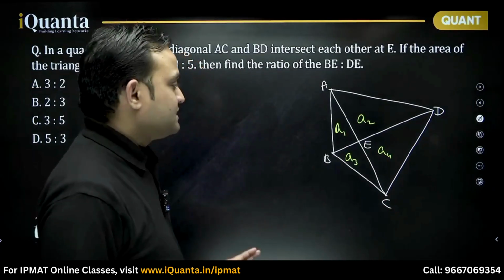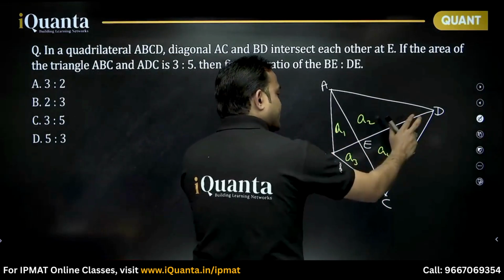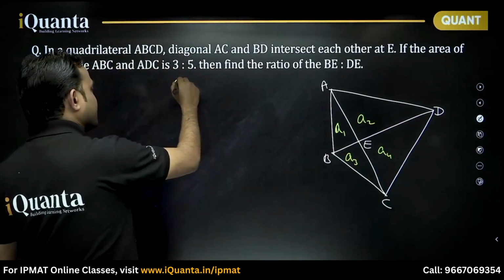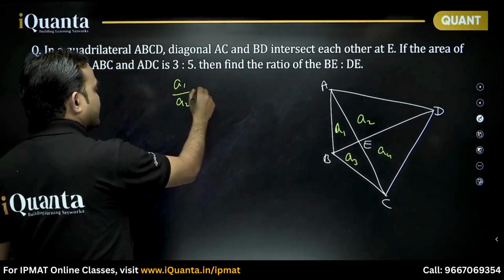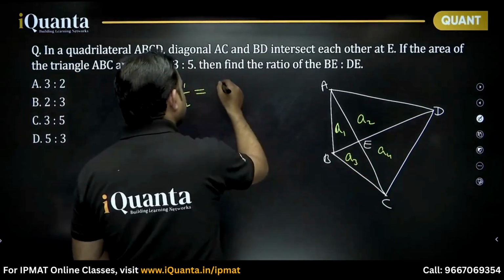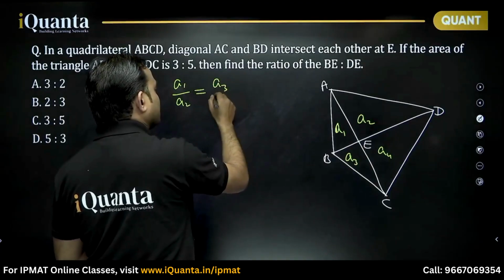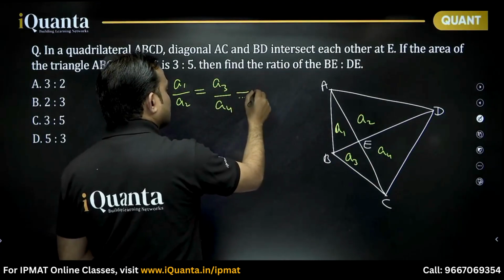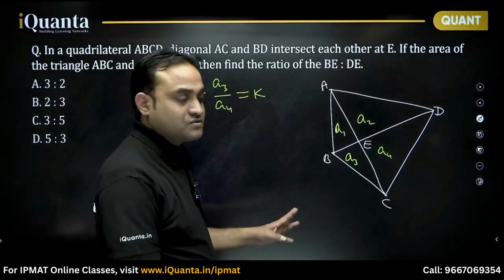What we can say is that BE to ED. In that case, can we say that A1 upon A2 will be equal to BE to ED, which is also equal to A3 upon A4. Let's say this is equal to K, right?